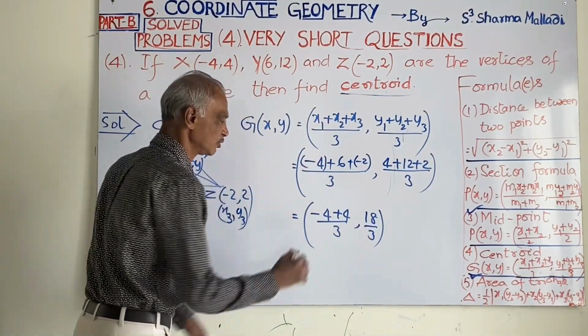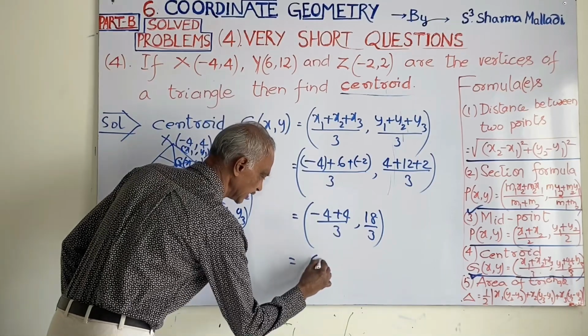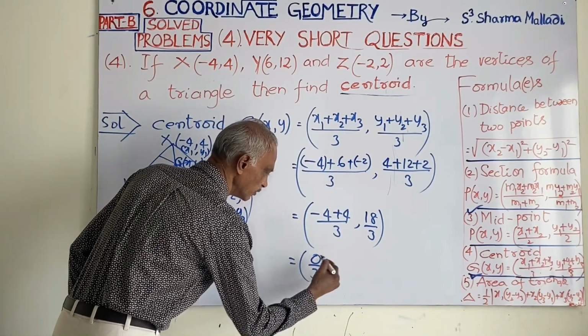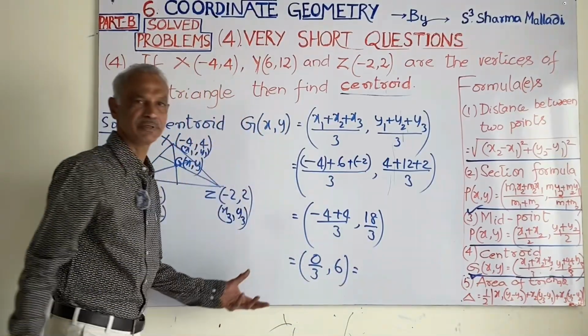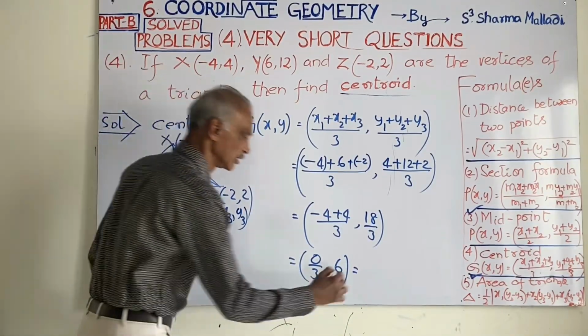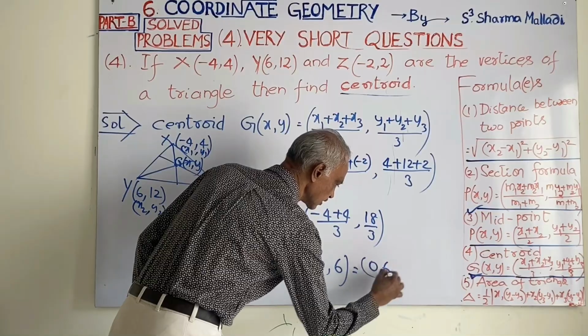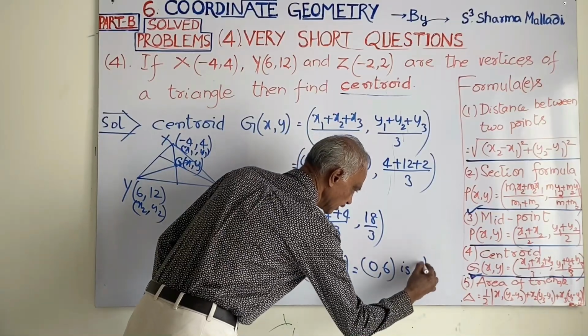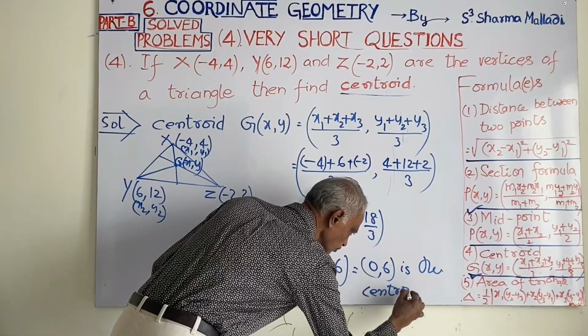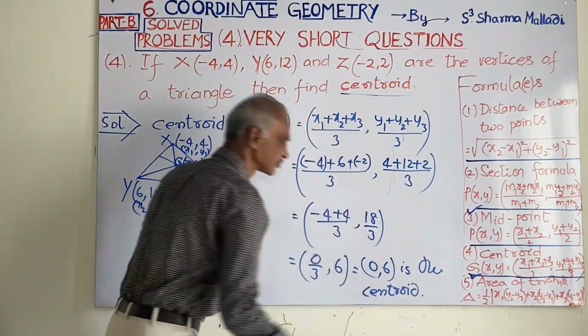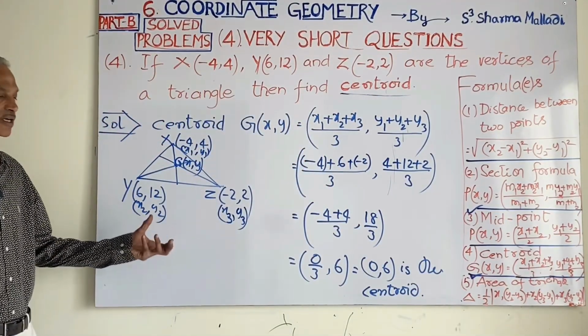Plus 4 minus 4 cancel. You will get 0 by 3, comma, 18 by 3 which is 6. 0 by 3 means 0. So (0, 6) is the centroid of the triangle.